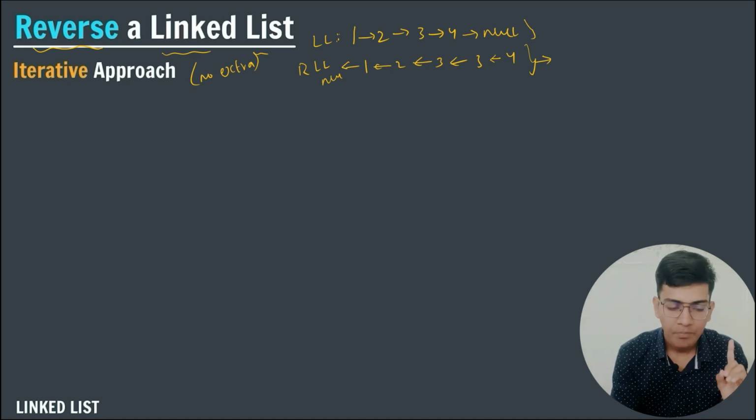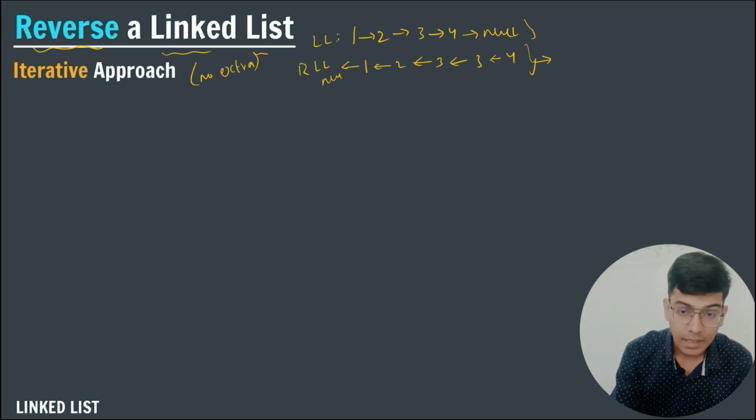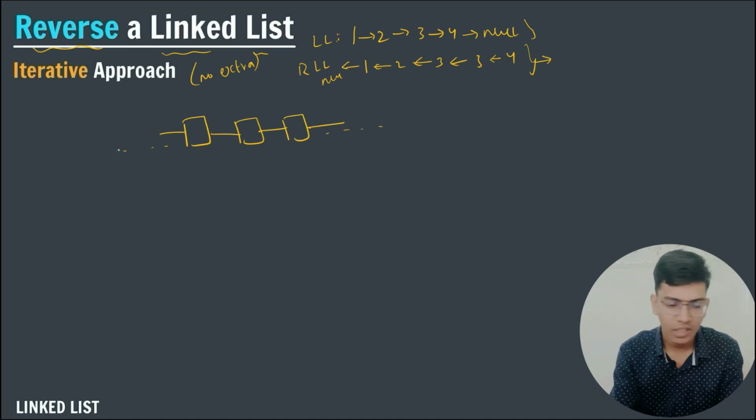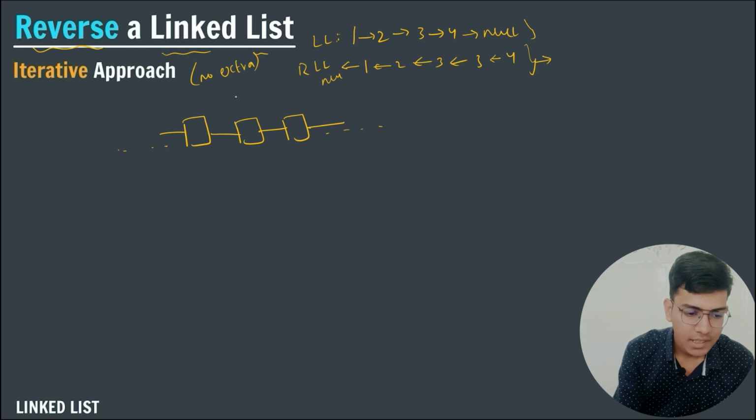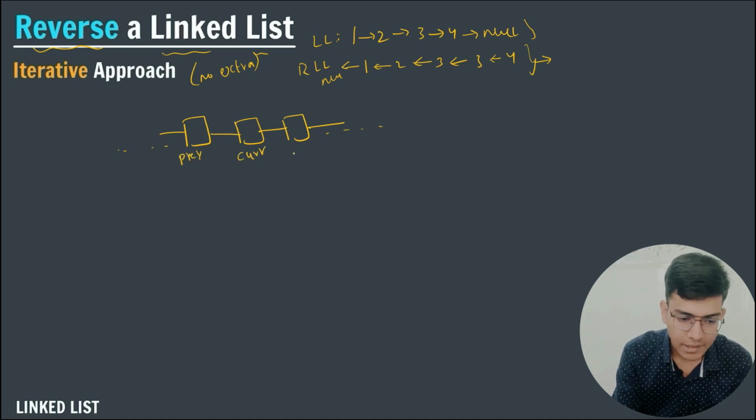First step will be to understand the logic. Let us consider a linked list, this is our linked list and there are some elements on the left and the right. So let us consider that this is our previous, this is our current and this is our next.